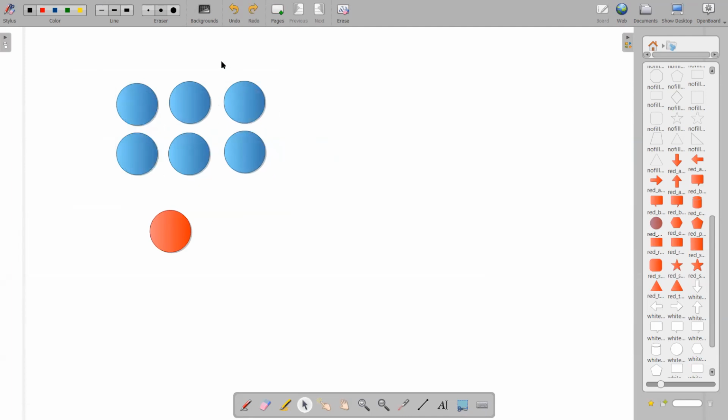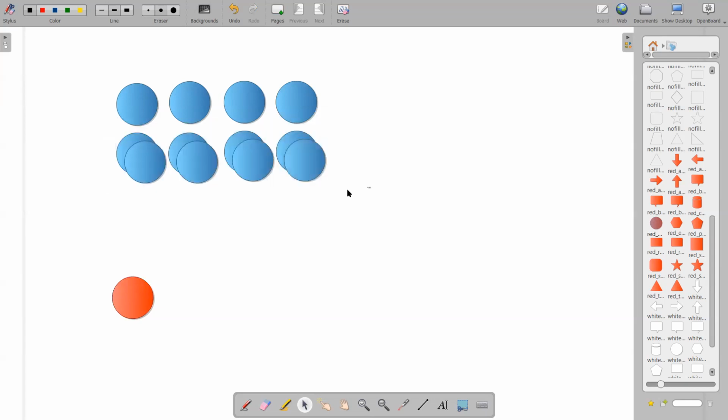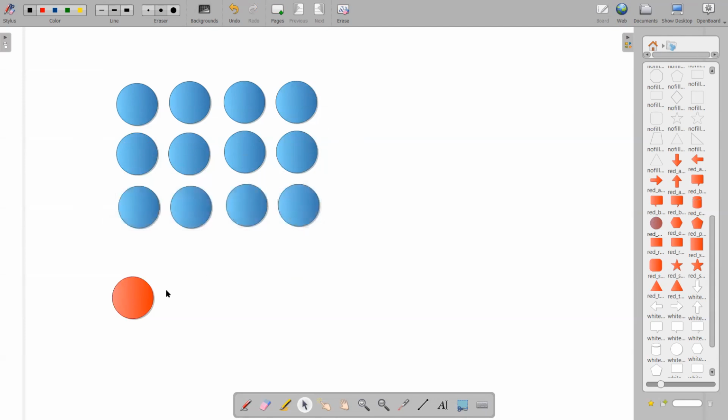Okay, and I'm placing atoms under atoms. This atom will be here. This atom will be here.